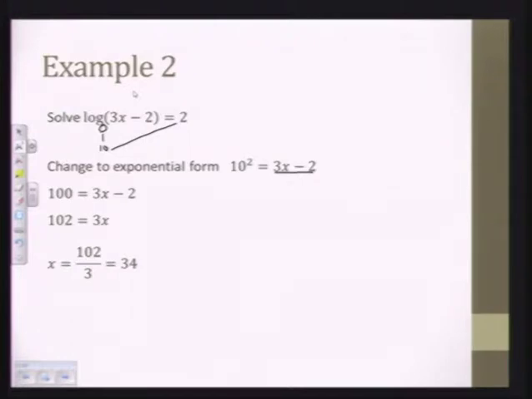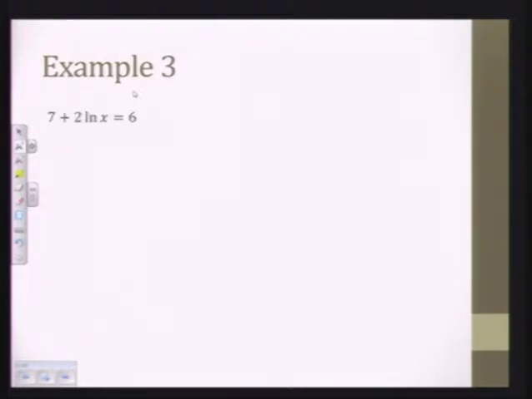Let's look at a third example. In this example, we've got the natural log of x. We want to isolate the natural log of x before we change to our exponential form. And so consequently, we need to get rid of the 7 and get rid of the 2 on this left side of our equation.